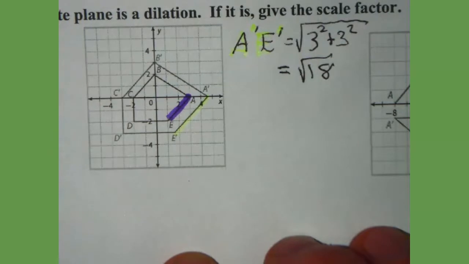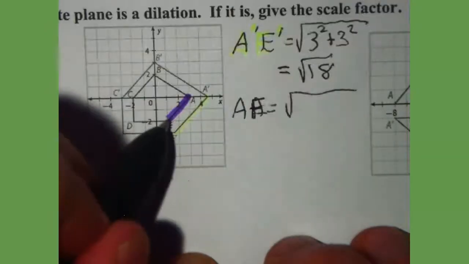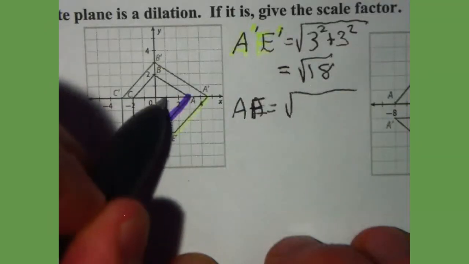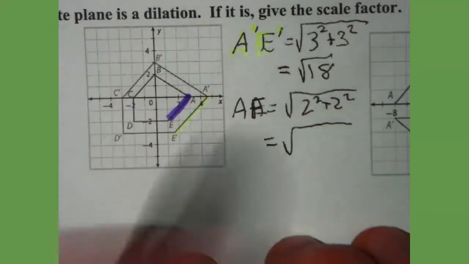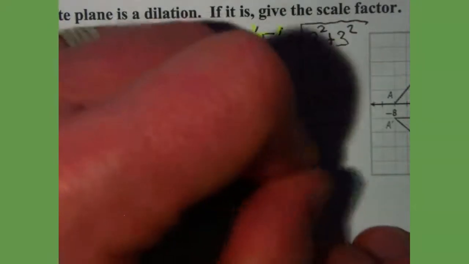Find out what EA is. And it looks like it's up 1, 2 over 1, 2. So 2 squared plus 2 squared, which is 4 plus 4 is 8.